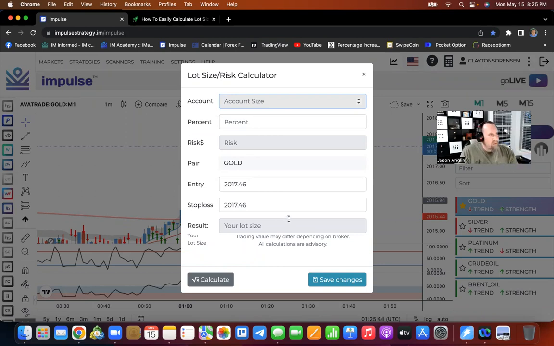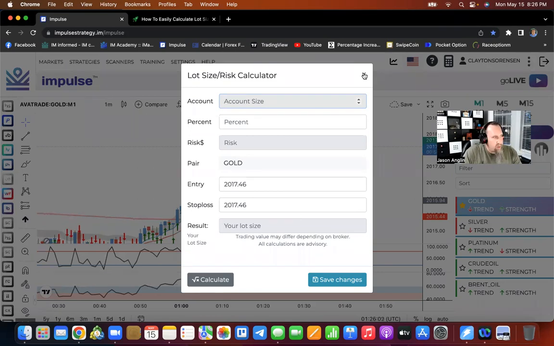So there are two reasons why I really like this other calculator that Clayton is showing you. Number one, contract size. Number two, you can switch it from a stop loss price to a stop loss in pips. So if you're going to trade arbitrarily, all you have to know is how many pips you're willing to risk and what percentage, and it tells you what the lot size should be.